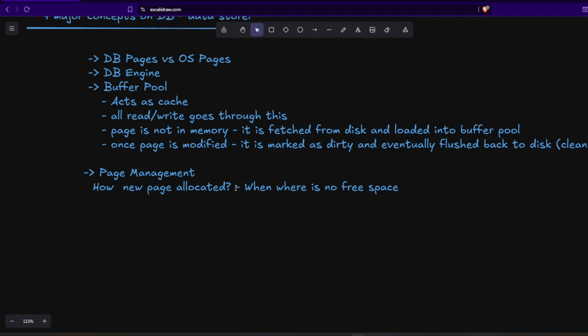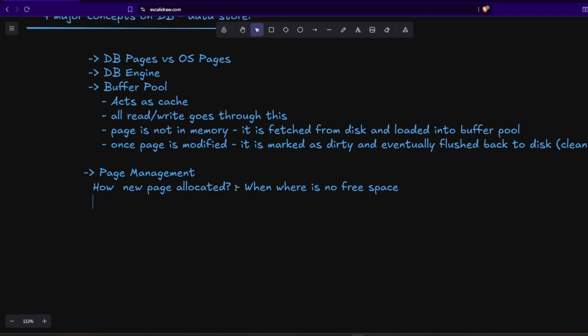A new page is given by the operating system, and the DB engine then sizes it as per its own size, like 4 KB, 8 KB, 16 KB, whatever is required.